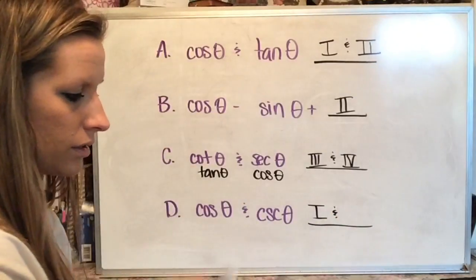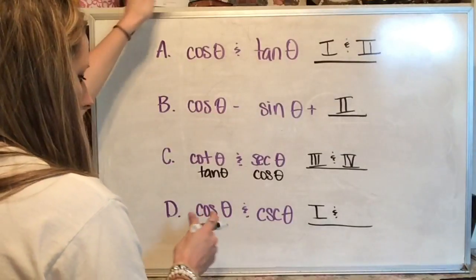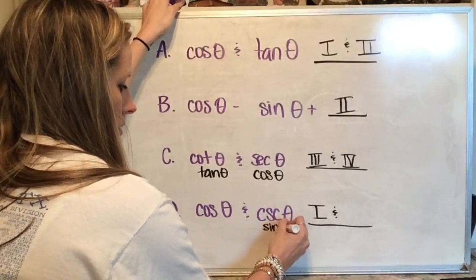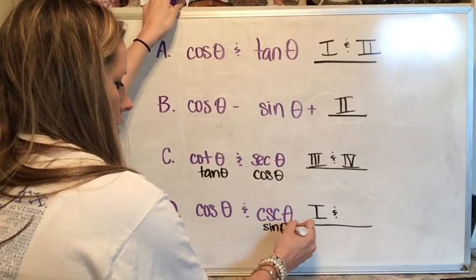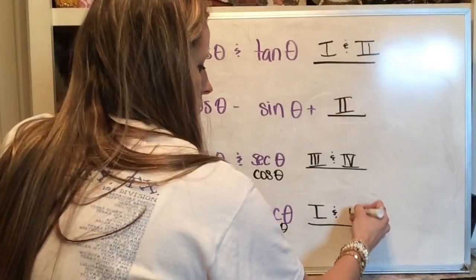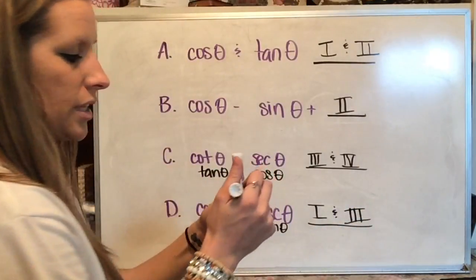And then, let's see, we need to find one where they're both negative. So find where cosine and, let's see, sine, this is just the reciprocal. Where would they both be negative? Okay, and it would be in quadrant 3, where tangent and cotangent are the only ones that are positive.